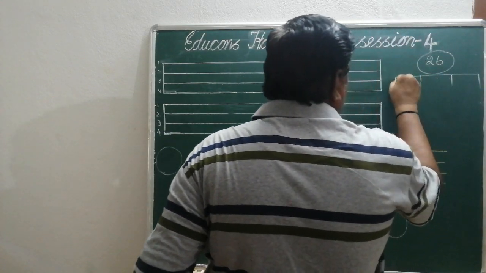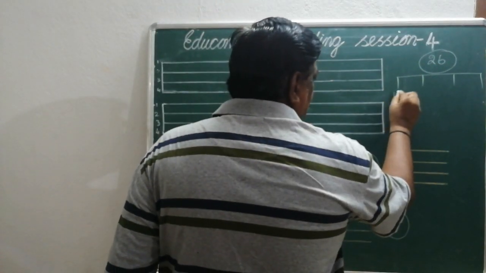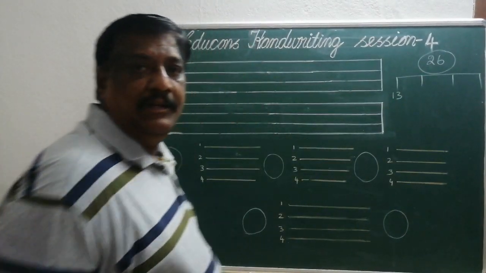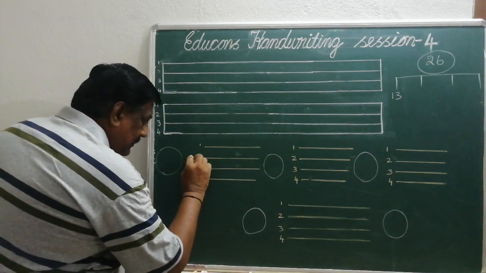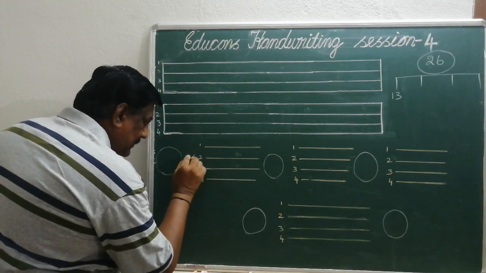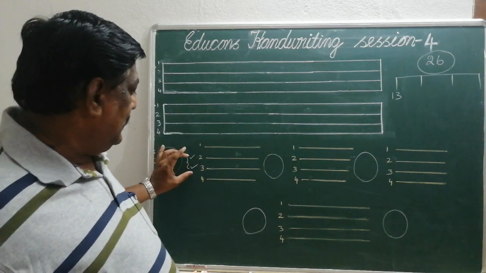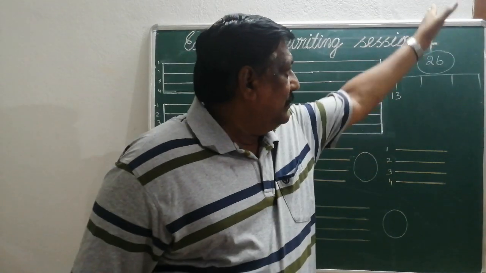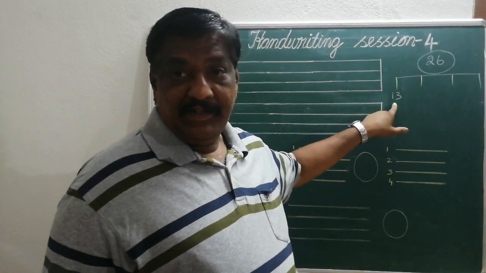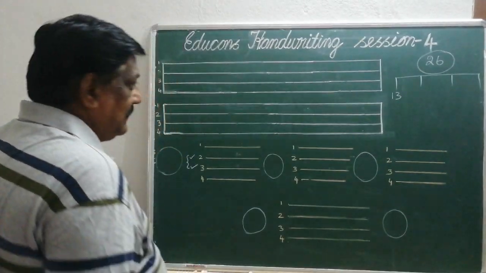I can make it like this: 26 alphabets, 13 alphabets naturally fall between line 2 and 3, that is, between these two lines. How many letters? 13 letters in the middle. As it is the middle, exactly if you cut this in the middle, you will get 13. So remember 13 letters, right?